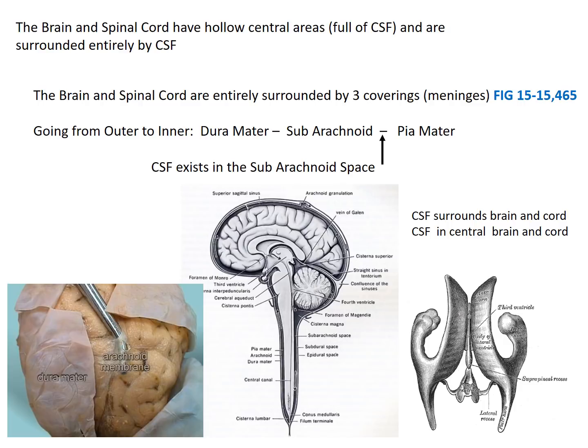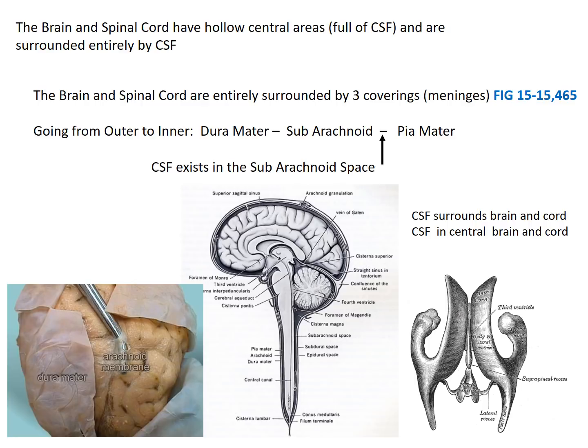The brain and the spinal cord are hollow in the central regions, and that's full of fluid, cerebrospinal fluid. The brain and the spinal cord are completely surrounded by 3 coverings, meninges. Going from outer to inner, the meninges are the dura, the subarachnoid, and the pia mater.